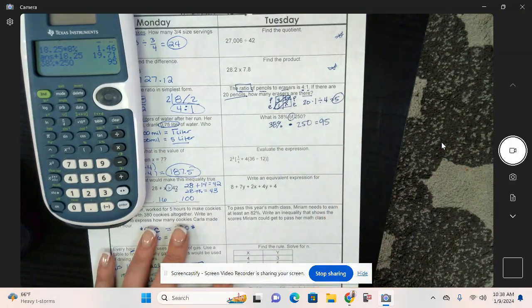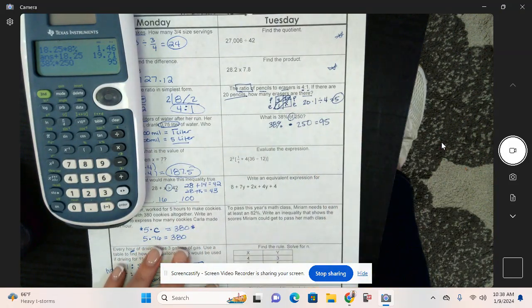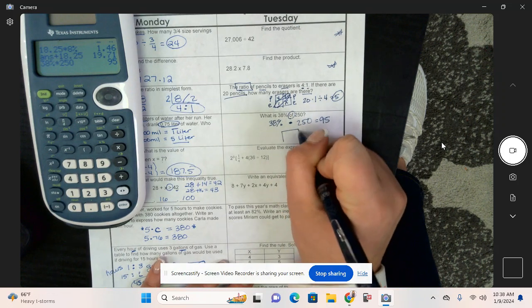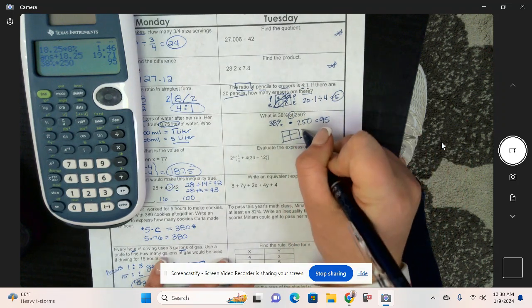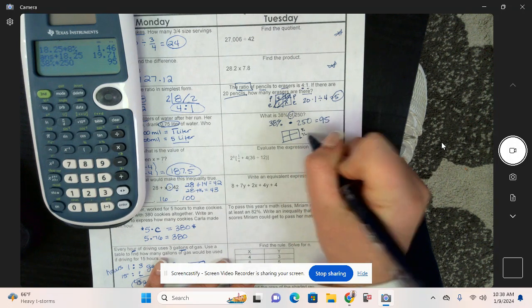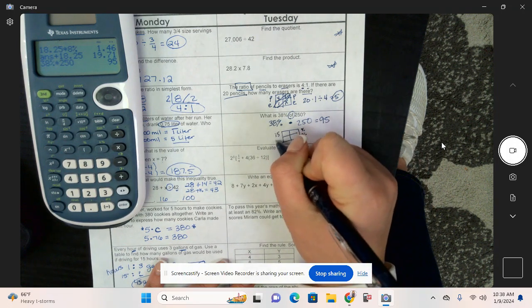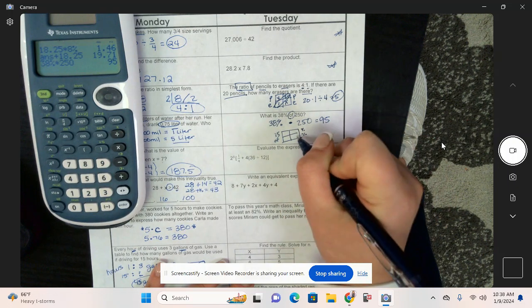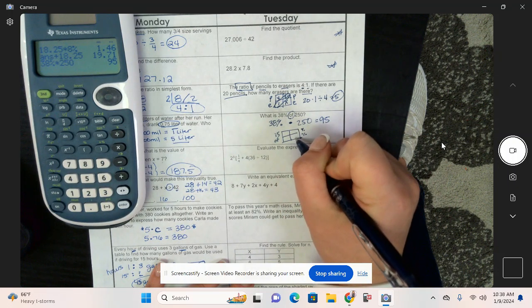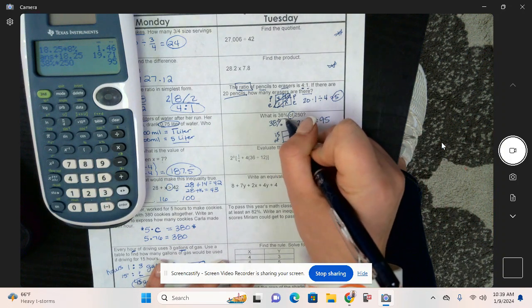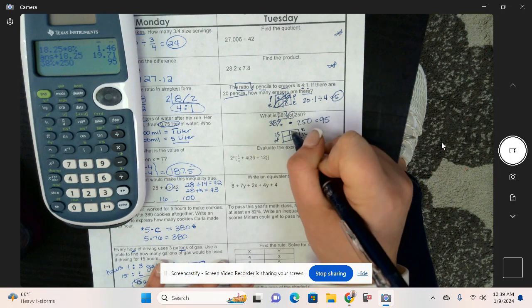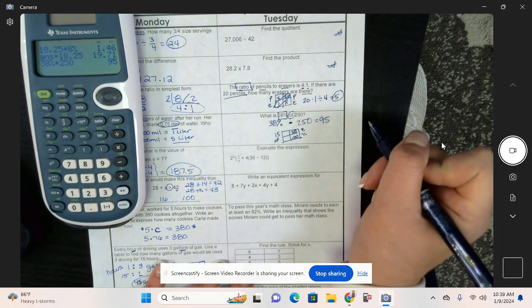Now, if I didn't have one of those calculators, I could still solve this by using a percent box. Remember, it's set up a lot like the ratio box, but on this side we have percent. Percent is over, and what always goes in this box right here is 100. And then I can fill in my missing information. I have 38%, and so it has to go in the percent box.